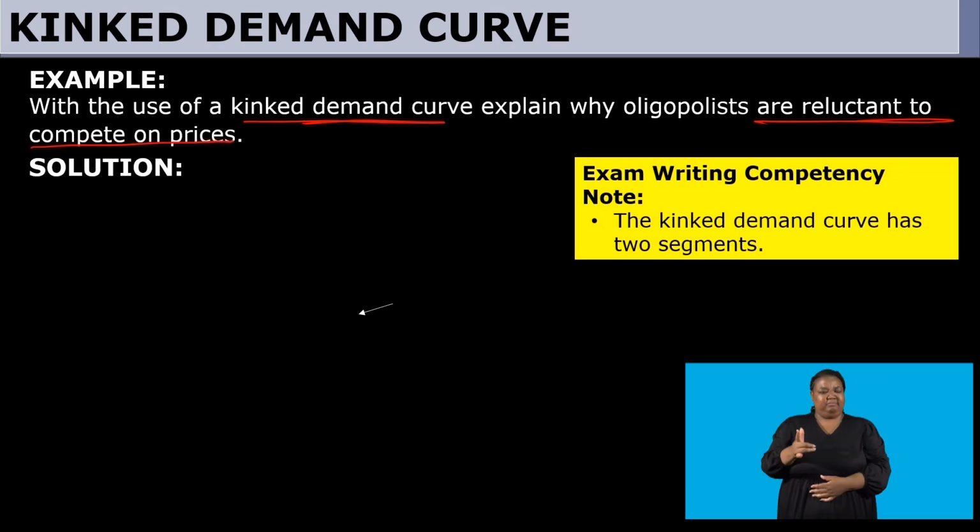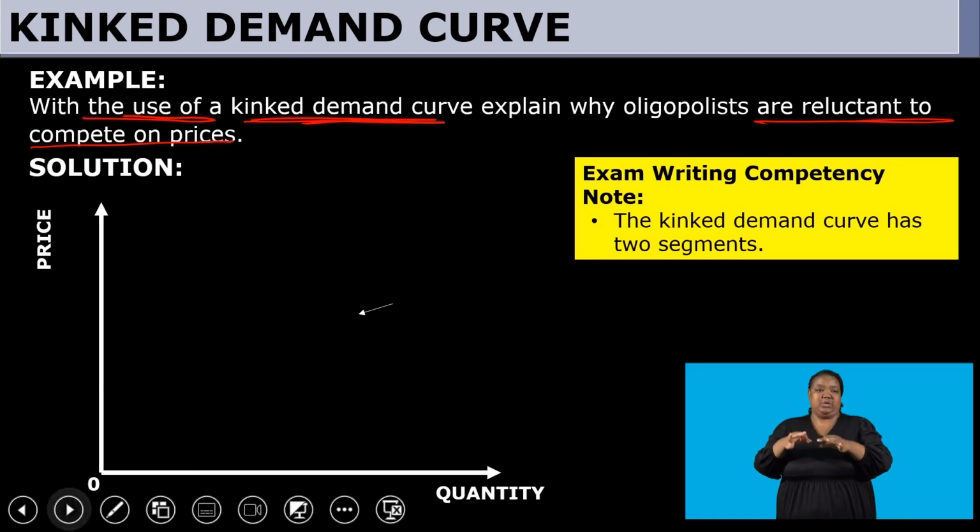That is why they cannot increase or decrease their prices. Why would they prefer to make use of non-price strategies? But as the question says, it requires us to use a kinked demand curve. So we're going to get our marks for drawing the curve and also for explaining.